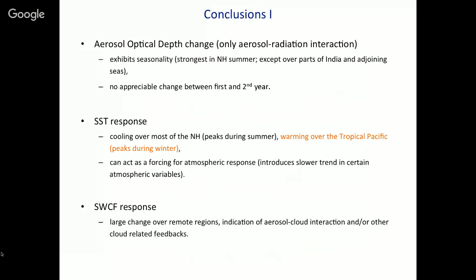So if you analyze any atmospheric variable, there's a good chance that you might see a slower trend which might be coming from the SST response, and the seasonality which could be because of both. And essentially this is what I was talking about before, that the shortwave cloud radiative forcing tells that there is some indication of aerosol cloud interaction and or other cloud related feedbacks.